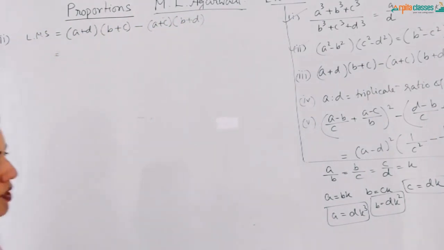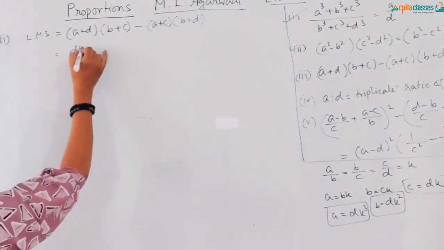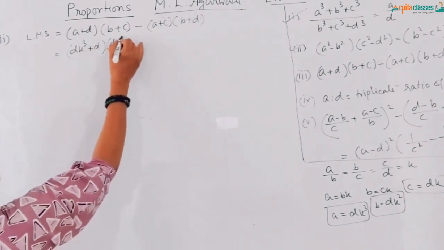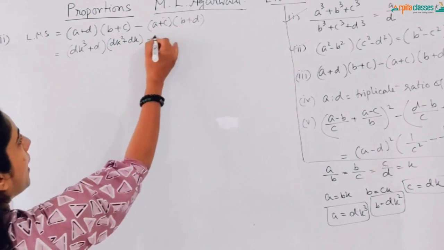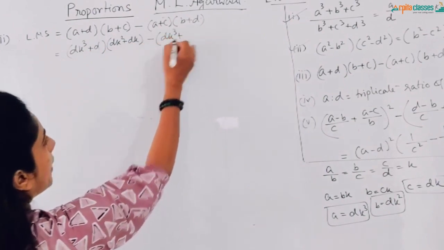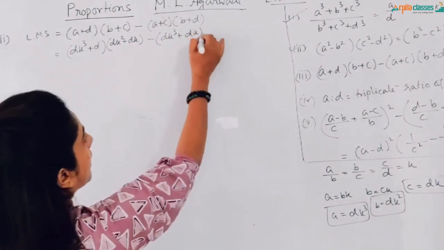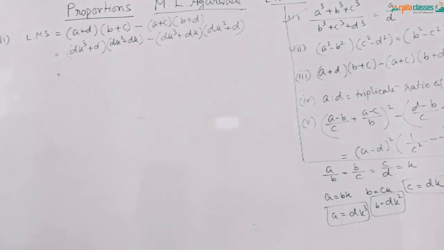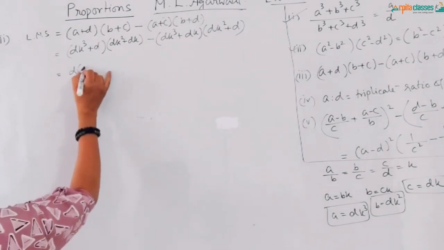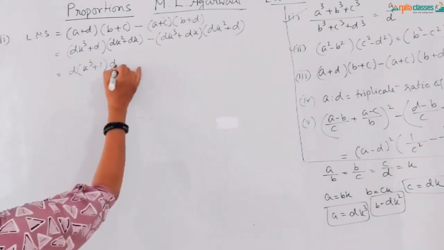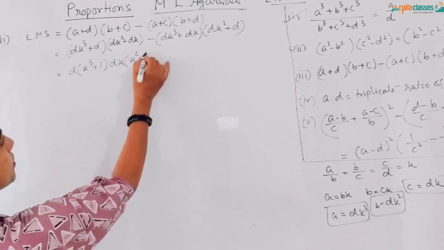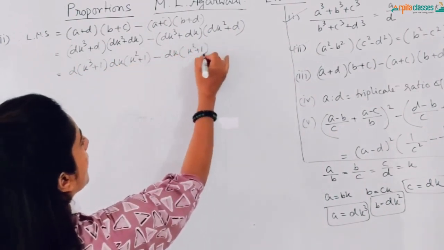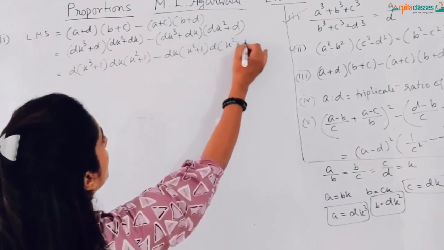So a is dk³, put it here: (dk³ + dk²)(dk² + dk) − (dk³ + dk)(dk² + d). From this we can take d common, k³ + 1, here dk common, k² + 1, minus dk common, k² + 1, d common, k² + 1.